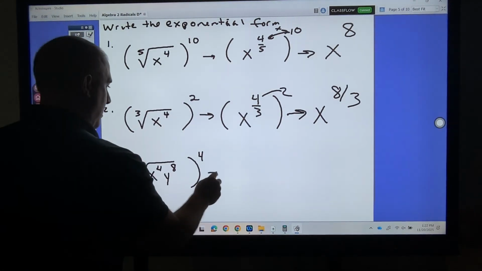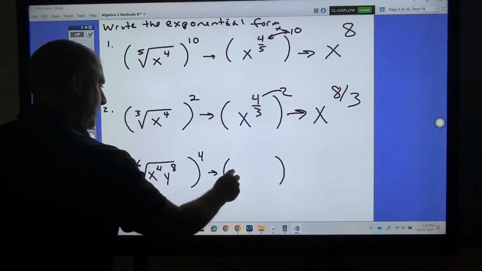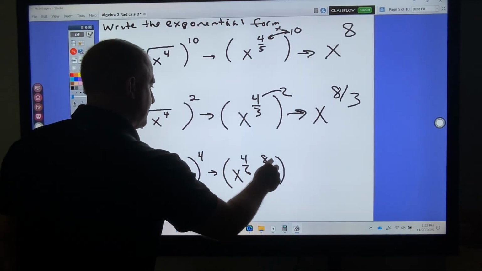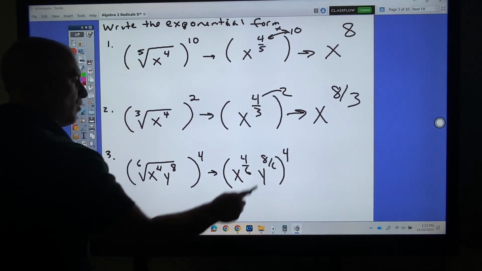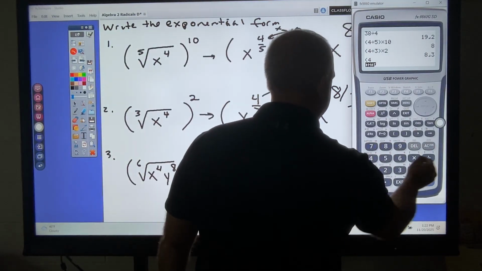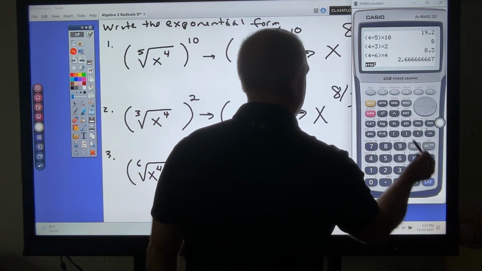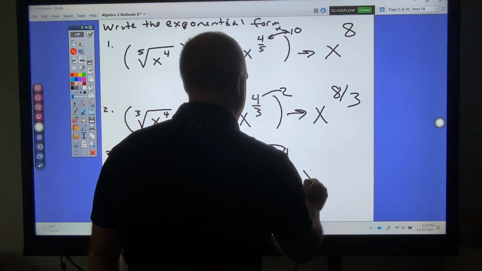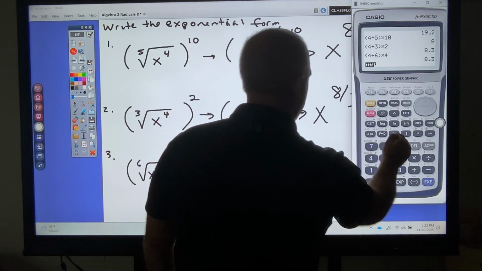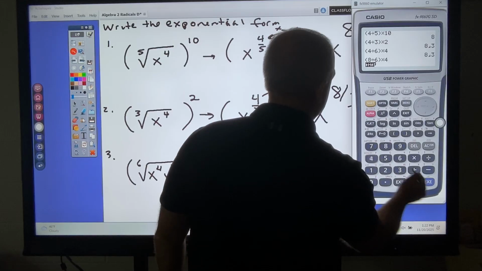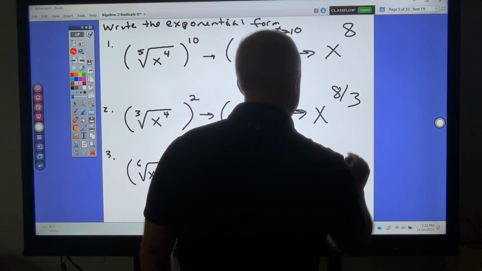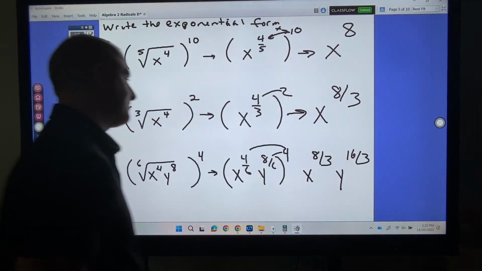This one, all right, what I'd have first is x to the 4/6, y to the 8/6, and I got this 4 here, so I'm going to multiply that. Okay? So 4/6 times 4, okay, is 8/3 for x. 8/6 times 4 is going to be 16/3 for y. Okay?